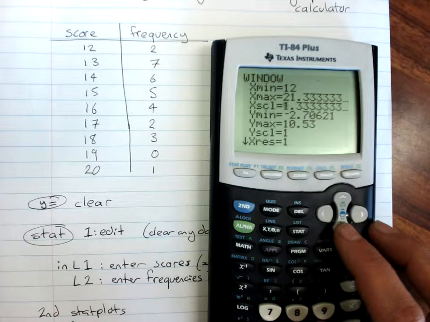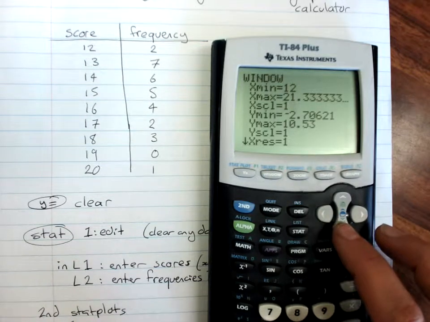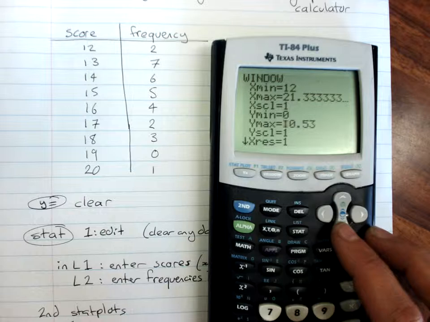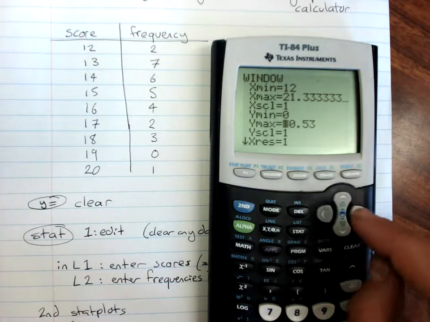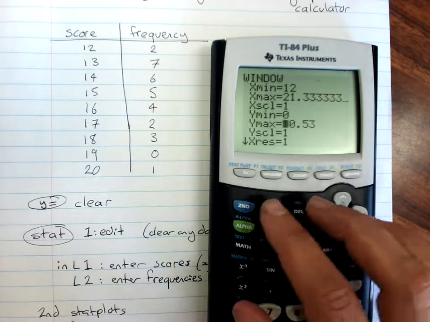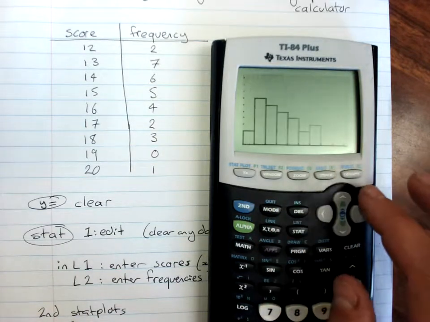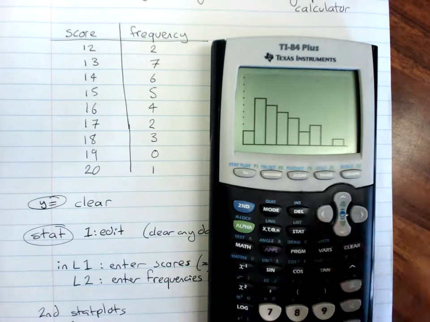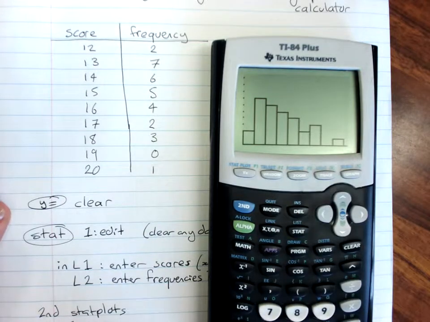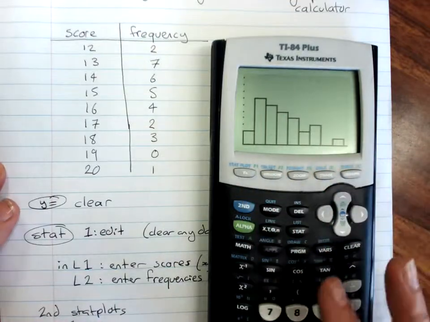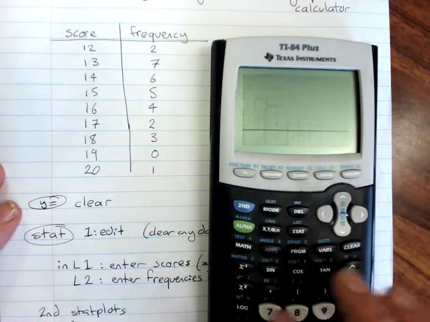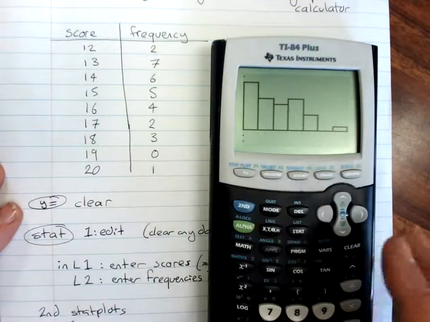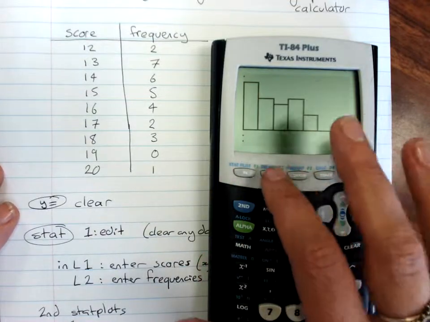X scale of 1, see how that goes. A little bit better there, getting that all displayed. So you can play around with the window, but usually just zoom 9 is going to get that for you.